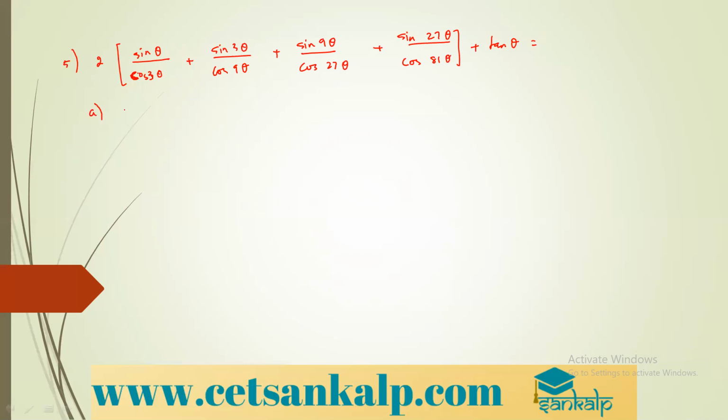The options are A, tan 27 theta, B, tan 81 theta, C, tan 9 theta, and D, none of these.